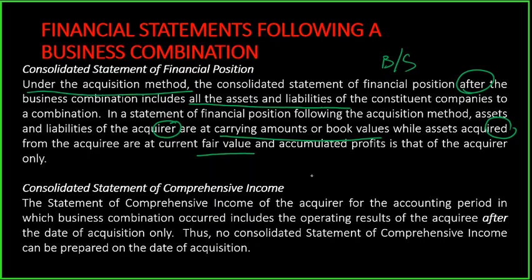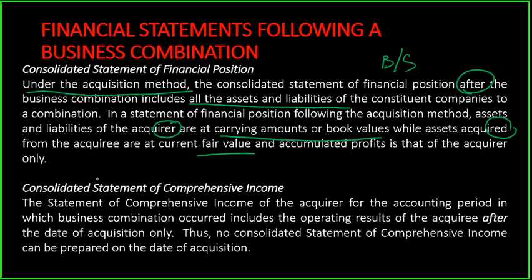Many are asking in the private messages, sana doon na lang sa page ninyo tinanong para minsanan: Sir, in our assignment, what will be the value of the assets of the parent, or the assets of the acquirer? Based on the books that I've given you, only the assets of the acquiree will be stated at fair market value. The assets of the acquirer will be at book values. Again, why? As discussed earlier, these are not the subjects of the business combination.